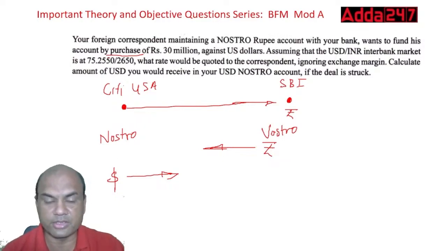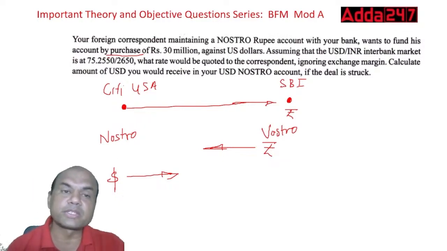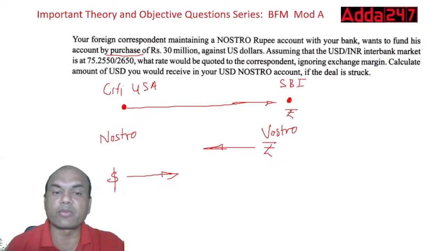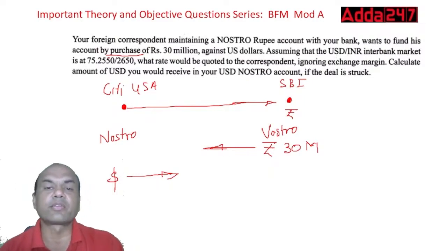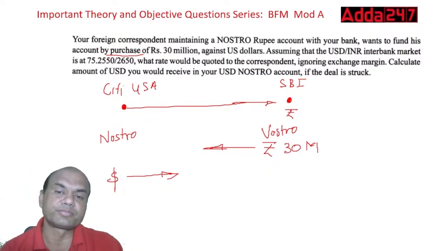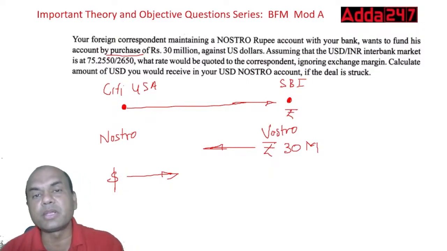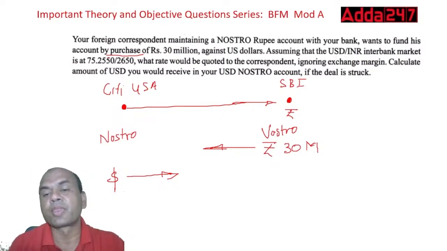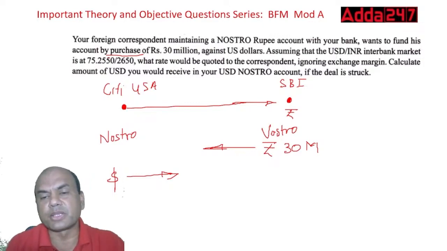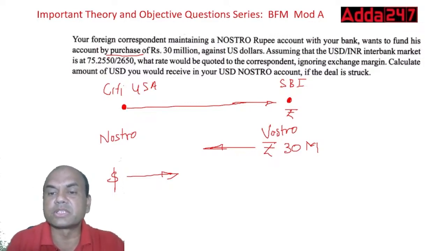Got it? Clear? Now how much rupees does Citibank want? Citibank wants 30 million. Got it? What is 30 million? Understand that also. What is 1 million here? US system is very simple. I'll tell you. They have a simple rule. 1,000. Then million.